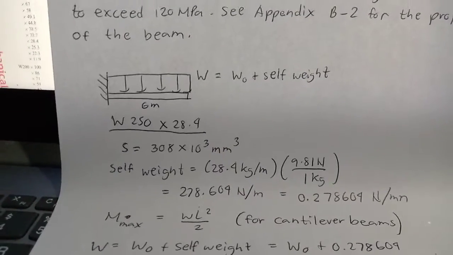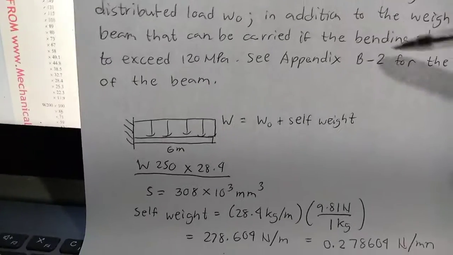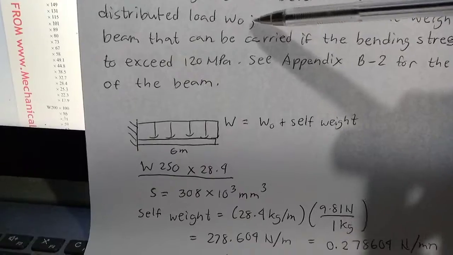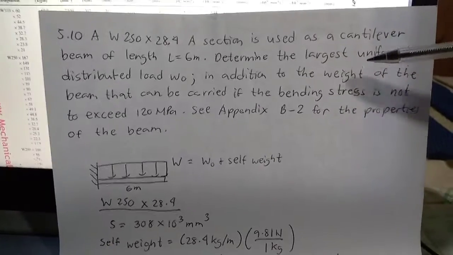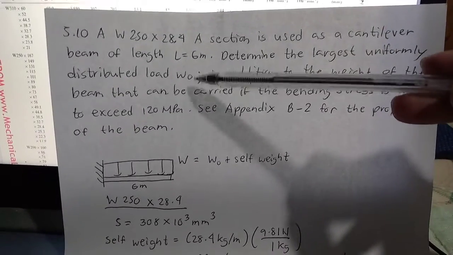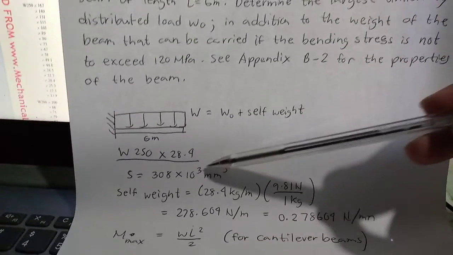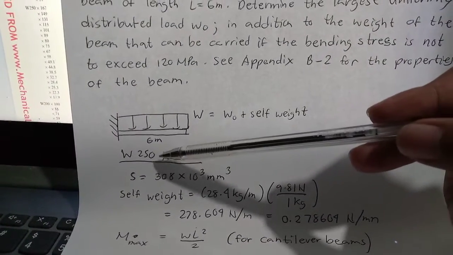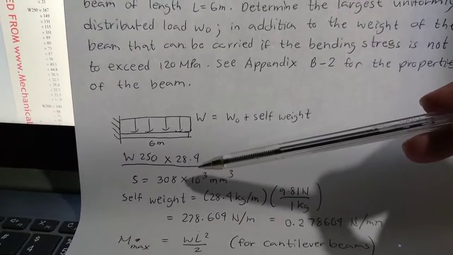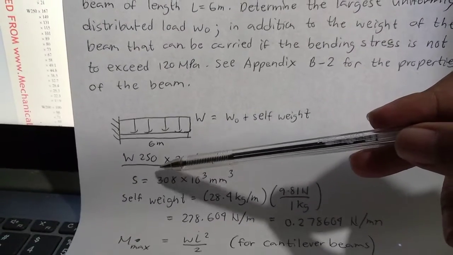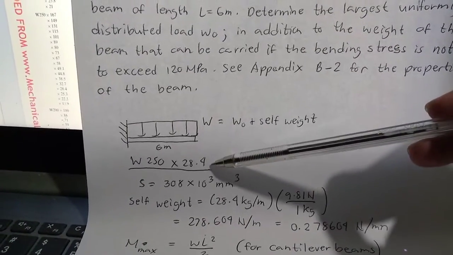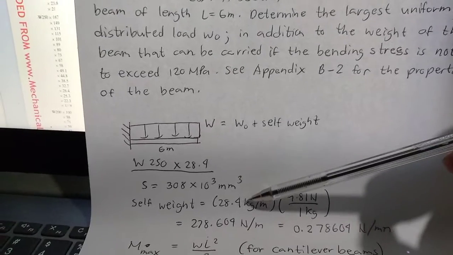We should not neglect the weight. Therefore, the largest uniformly distributed load is WO plus the additional self-weight. Since the section is W250 by 28.4, the depth is 250 and the weight is 28.4 kilograms per meter.